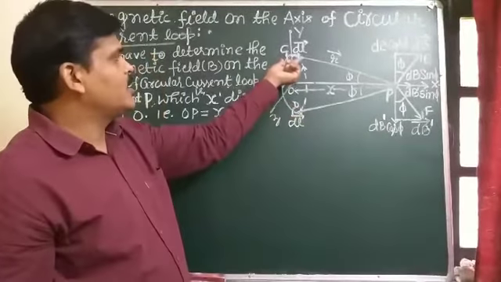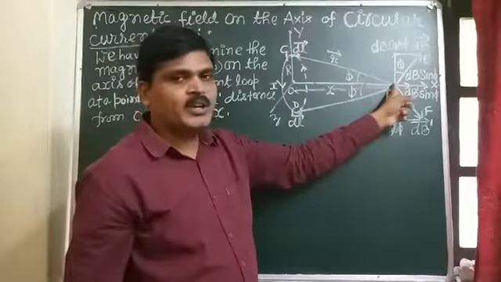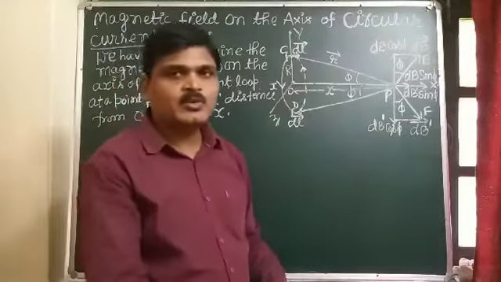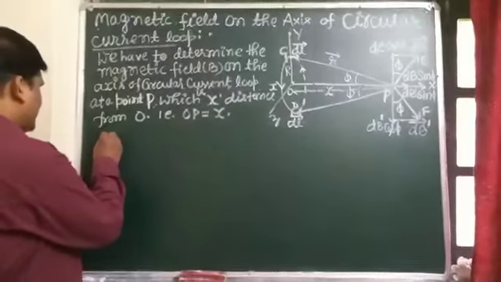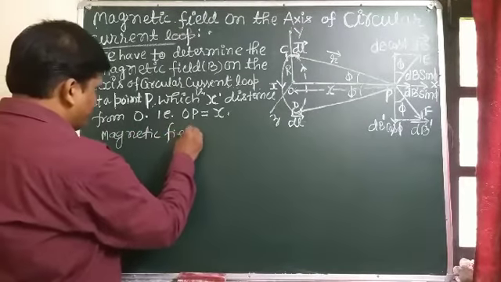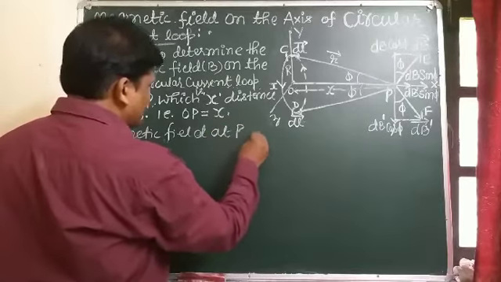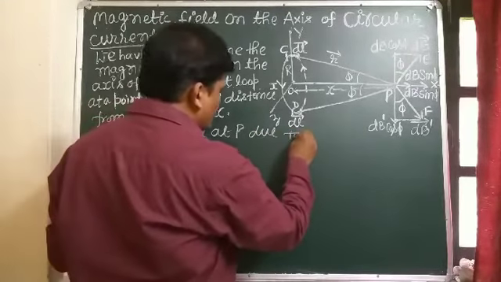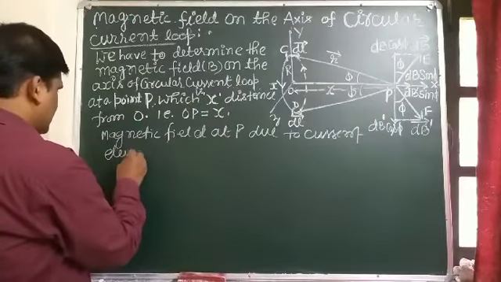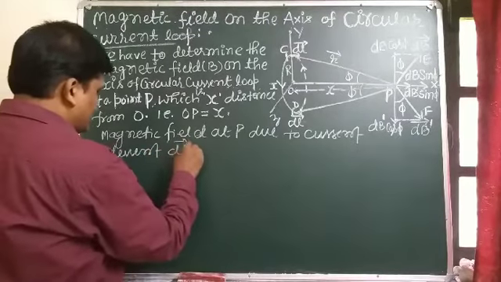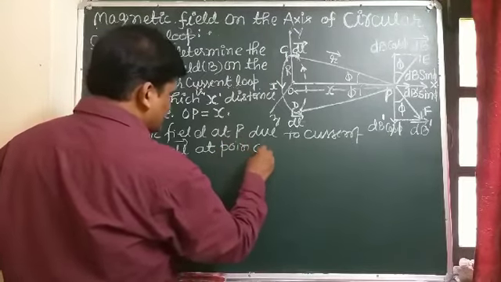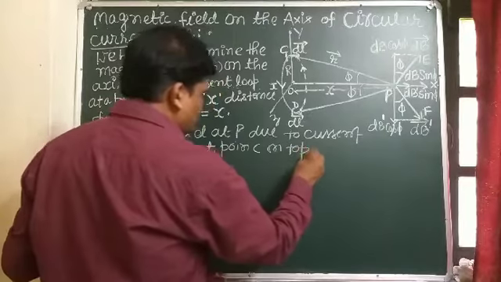Now we find the magnetic field at the point P due to the current element dl vector at point C on top of the circular loop.